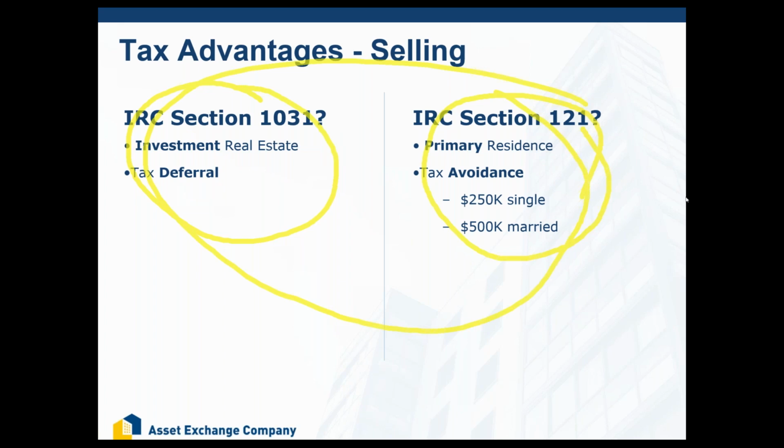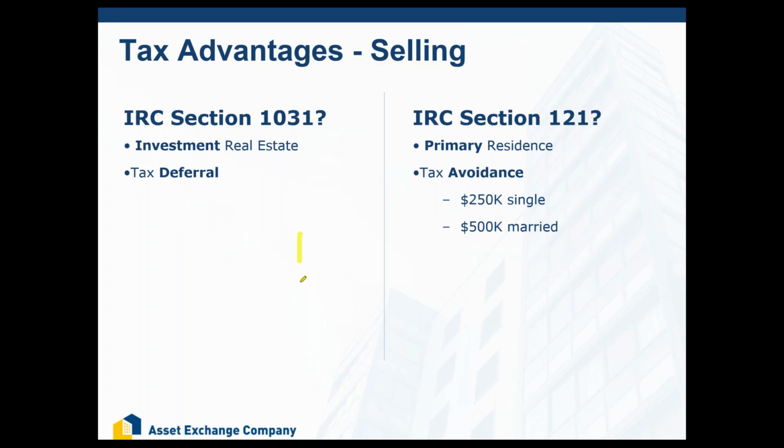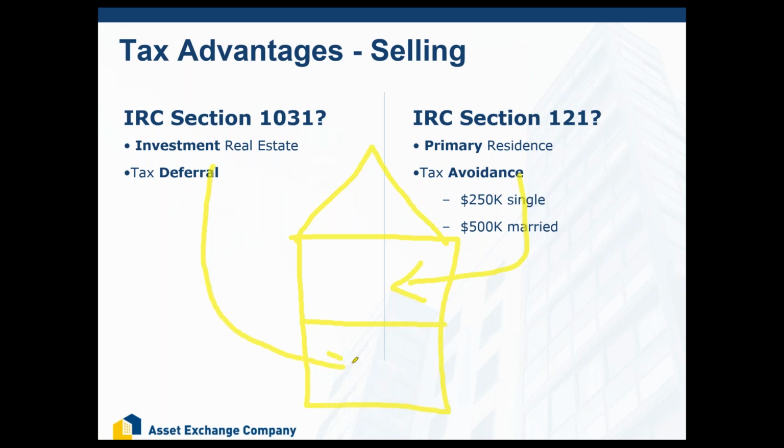So let me give you an example. You have a client that is selling a 2-unit building. Take a look at your computer screen. The client lives in the top unit and they rent out the bottom. This is one sale to one buyer with one escrow.